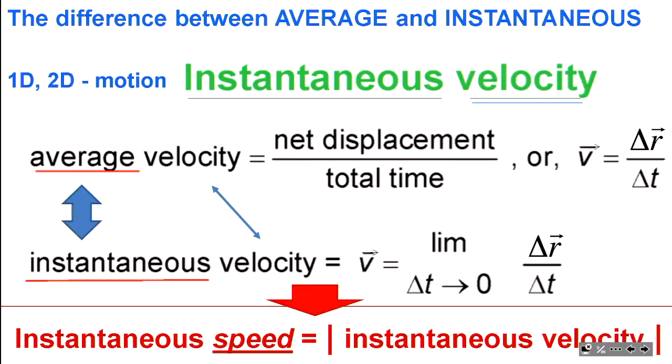And when people say those words, speed, velocity, they automatically mean instantaneous. Only when they want to describe average, they add that word, average. So when you read speed, velocity, it's meant instantaneous speed, instantaneous velocity.